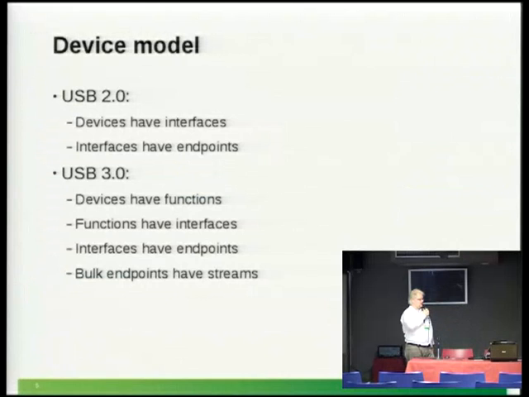3.0 has become baroque. The devices have a thing called functions, a very badly chosen name, but that is what it is. The functions themselves have interfaces. The interfaces, like in 2.0, do have endpoints. And the endpoints, well, some of them, the bulk endpoints, do have streams.